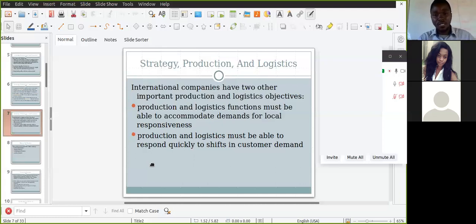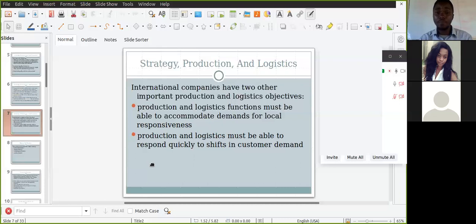Production and logistics must be able to respond quickly to shifts in customer demand. You see, they should be able to respond quickly. So when you're dealing as a business, a firm owner, or a board of managers, you need to make sure that the decisions are going to be swift.